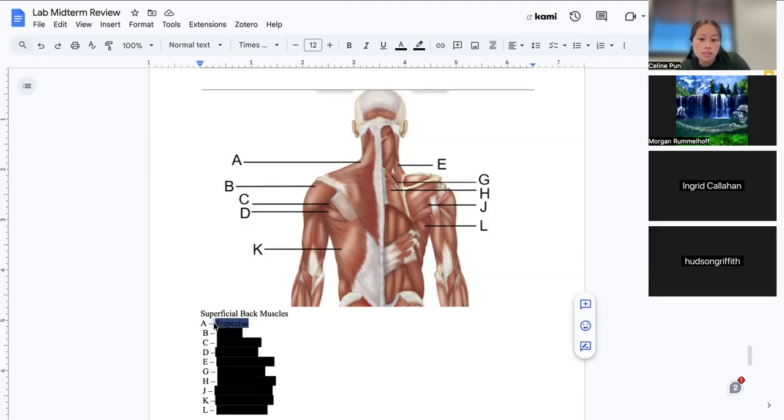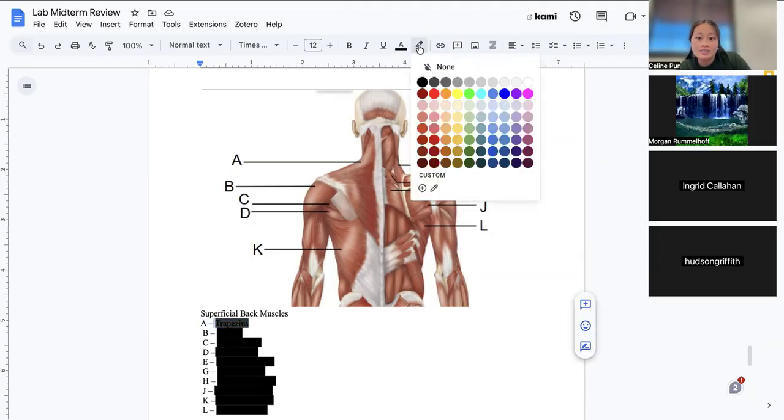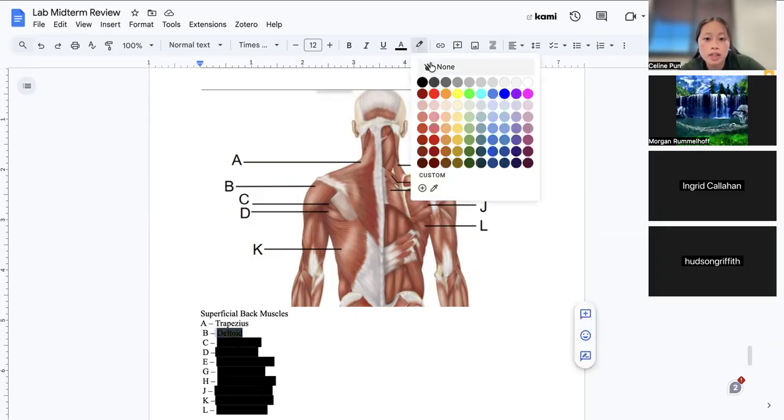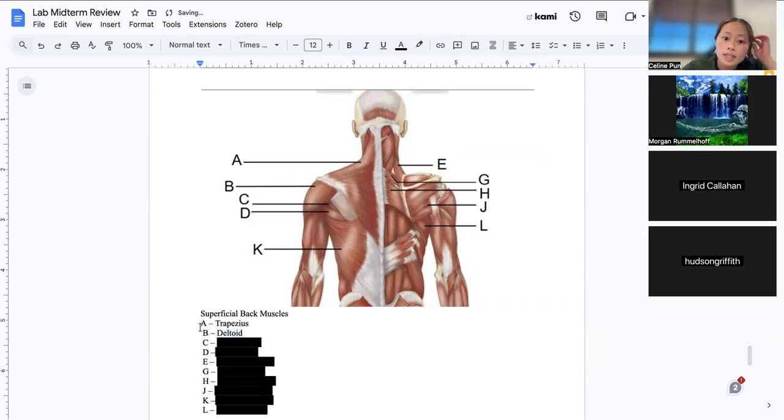Okay. Trapezius. What about B? These are also called shoulder muscles. They're shaped like a triangle, which is why they're called deltoid.